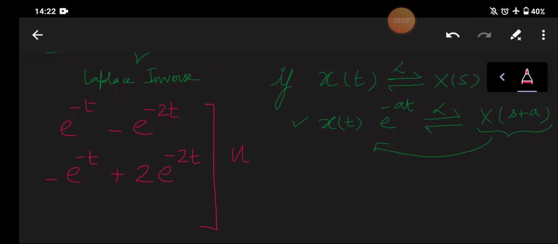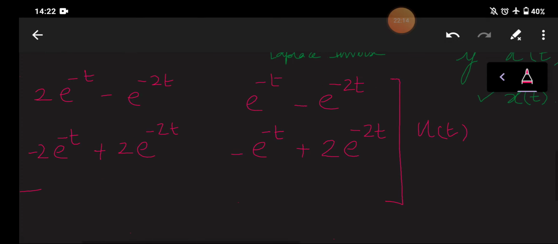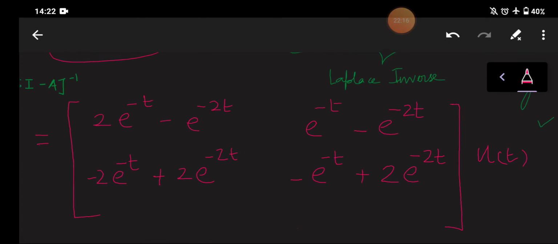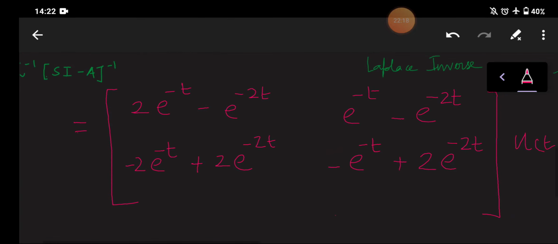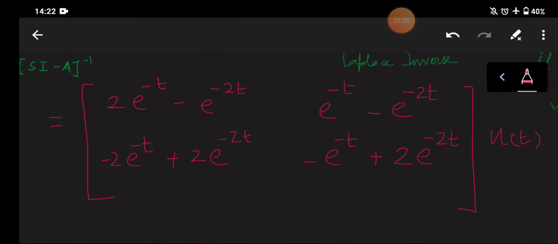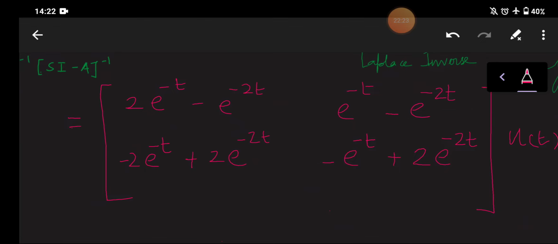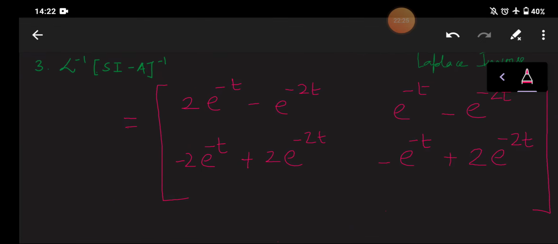And outside I can write u(t) because it is included in every term, so it is multiplied with every term. So in this way we have finally got our answer in the time domain. When we do the Laplace inverse we get the answer in the time domain, which is our phi(t), the state transition matrix.